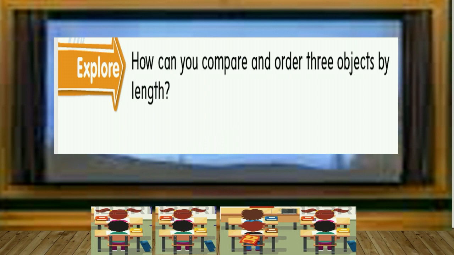But before we can compare their lengths, we have to line them up from one end so that we can see the length of each object. And then we can already compare which is the longest and which is the shortest. Great job, Maha. Now, today class, you will also learn how to order the lengths of objects.